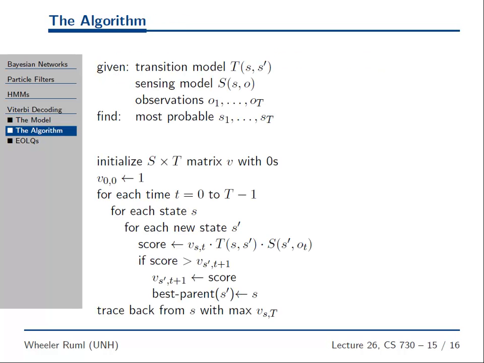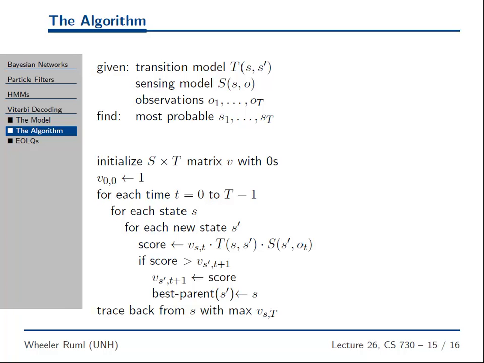Let's do this next time, just so you've seen it twice, though. So the problem is, you're given the transition model between states. Here I use the letter S and O instead of E. Don't kill me, sorry. S, the transition model, sensing model, sequence of observations. Find the most probable series of states that I could have gone through.